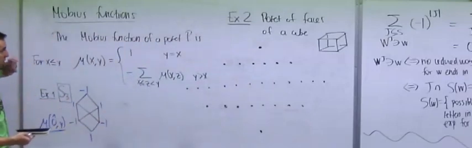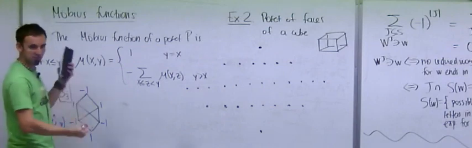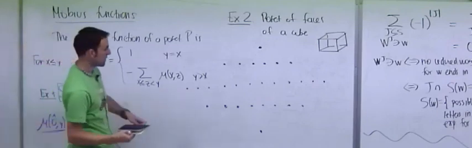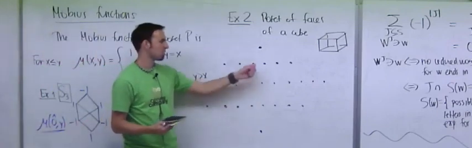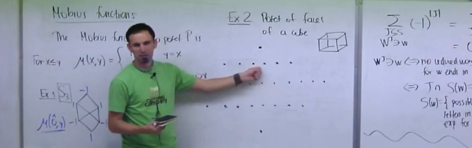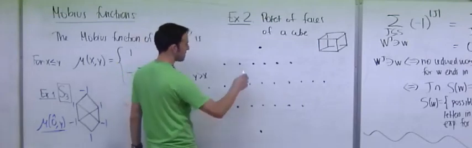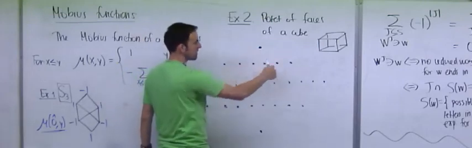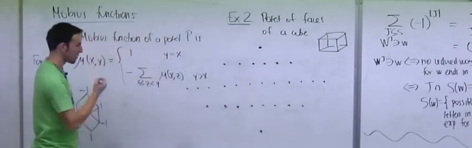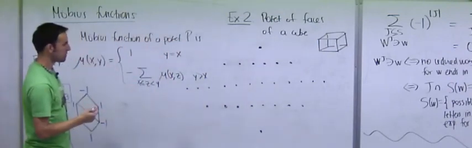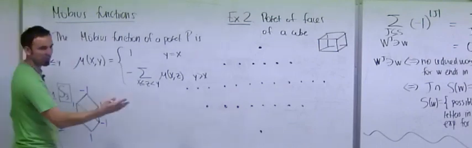So this is kind of what the poset looks like, except, of course, there's a lot missing here because we have to basically keep track of which point is contained in which segment is contained in which face, etc. And it would take me the whole class to do that, so I won't. But for example, we know that this guy covers all of these, etc. But I claim that we can compute these numbers without having to draw the whole poset.